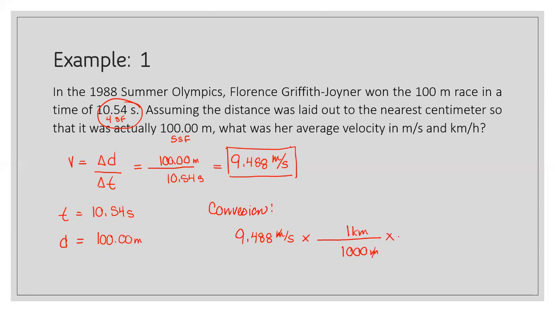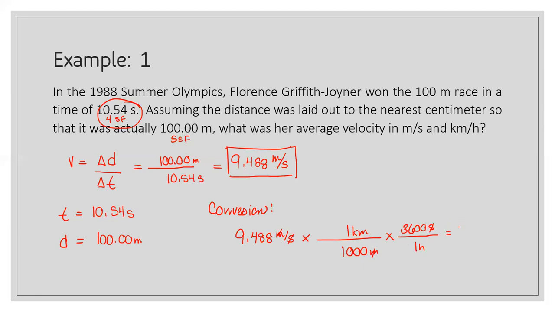And then we need to change the seconds. So we're going to use another fraction. For seconds, there are 3,600, so 60 times 60, 3,600 seconds in an hour. So 3,600 goes on the top because we want the seconds to cancel out. And then we're going to put the 1 hour on the bottom. So it's the same as multiplying by 3.6, 3,600 divided by 1,000.